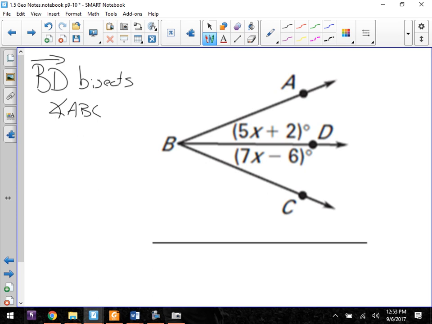Well, the two congruent angles that are created are going to be angles ABD and DBC, okay? That's what it says in the diagram. I know that has to happen because of the wording, which makes these two the same. So algebraically, I just have to write it out. What is ABD?